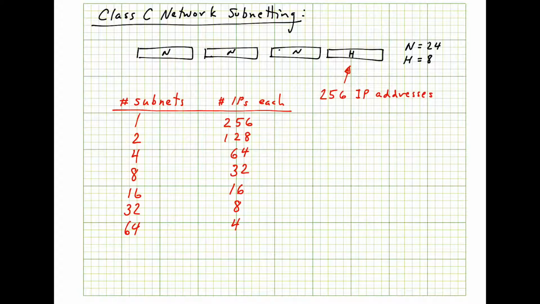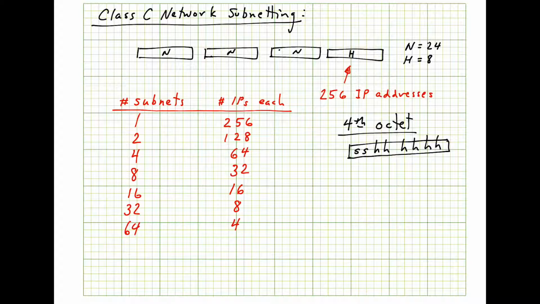Okay? And we do this by taking the H. Let's just look at the 4th octet and look at what we're going to do to make these subnets. We're going to take that octet and we're going to have some number of subnet bits. So for example, 2 subnet bits and 6 host bits.